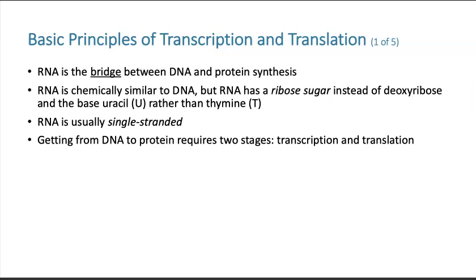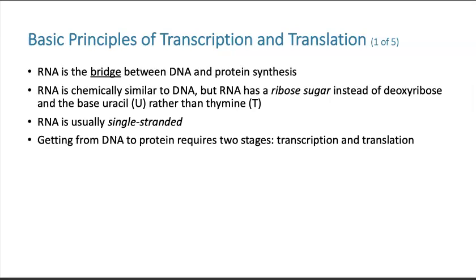So the basic principles of transcription and translation is that RNA is the bridge between DNA and proteins. So let's remind ourselves of what is involved with RNA. Remember that it's very, very similar to DNA, right? Except RNA has ribose sugar instead of deoxyribose.